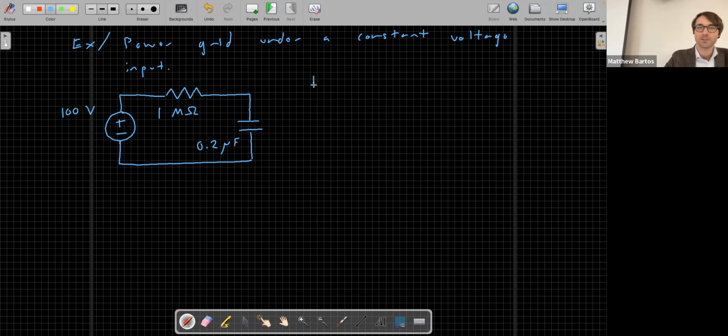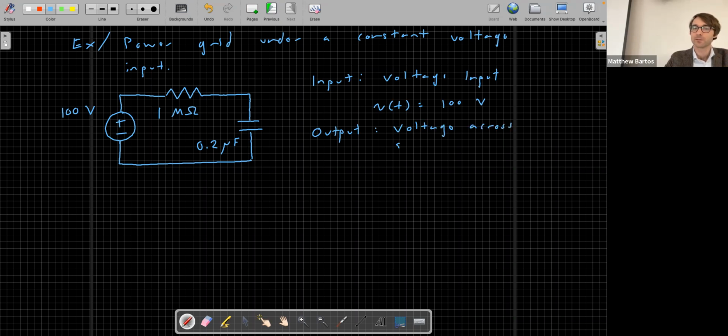Okay, so for this system, to be clear, our input is a voltage input, and this is a constant input of 100 volts. Our output that we're interested in is the voltage across the storage element, which I'm going to denote as V_C of t.